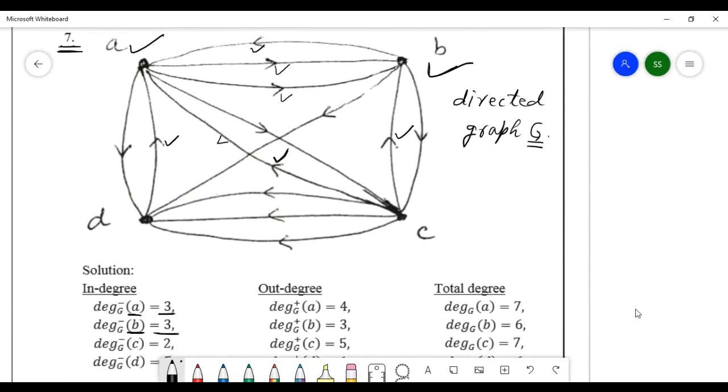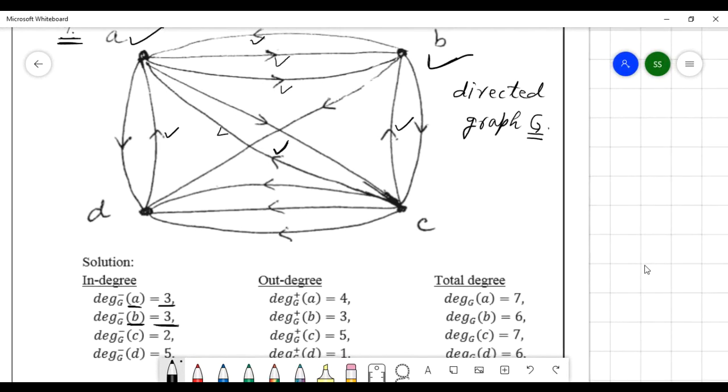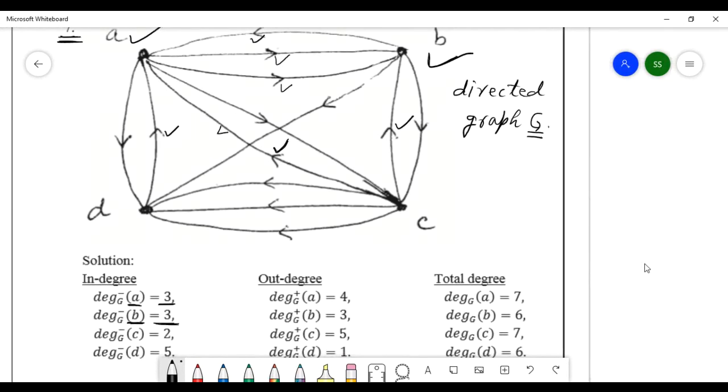In degree at vertex B is 3. In degree at vertex C, at this C. How many edges coming here? This one coming here, and this one coming here. Only 2 coming. In degree is 2.